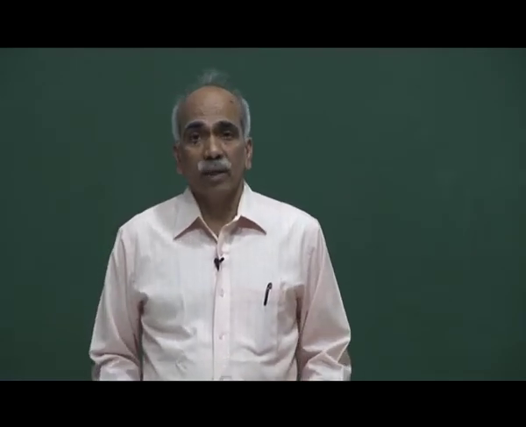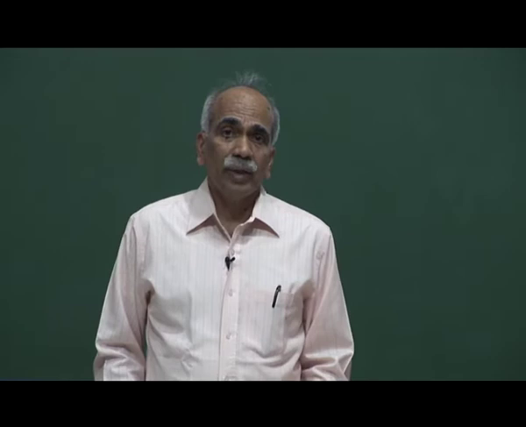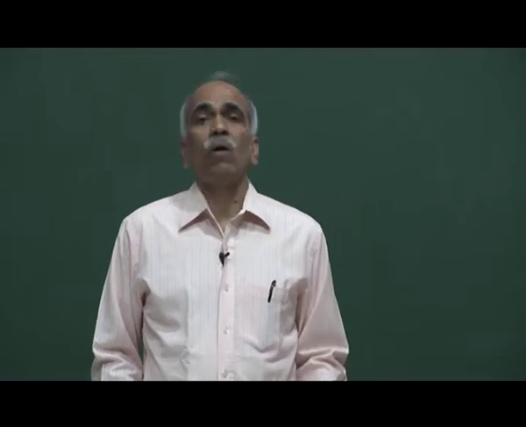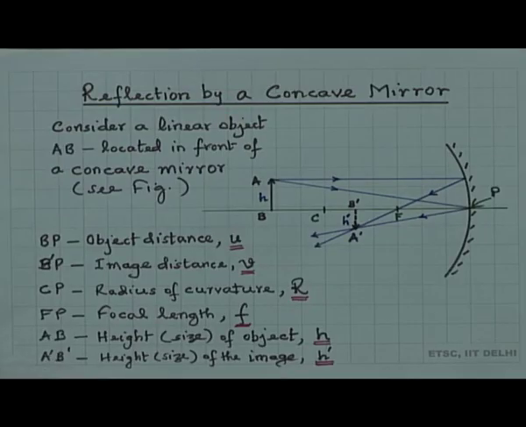By all cases I mean whether it is a concave mirror or a convex mirror, whether the object is in front of the mirror at a certain location or another location, the formula will remain the same. The formula for the magnification will also remain the same. So, that is why we have to follow this sign convention.